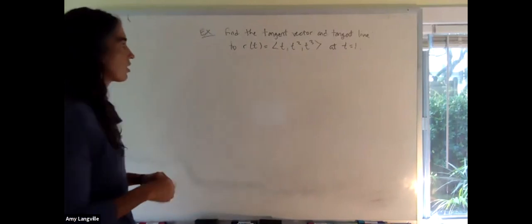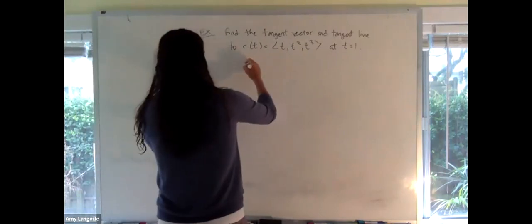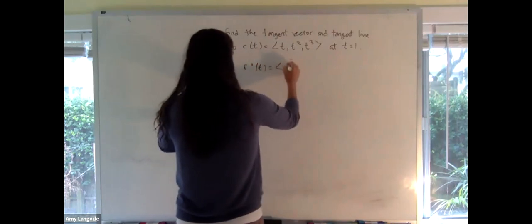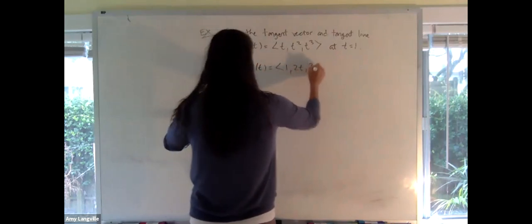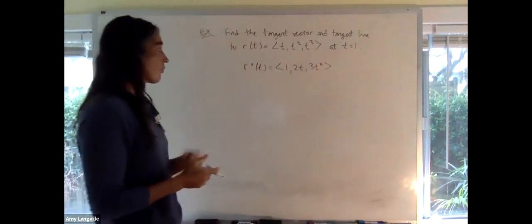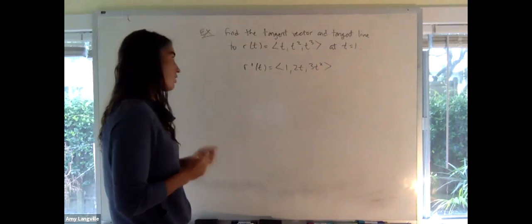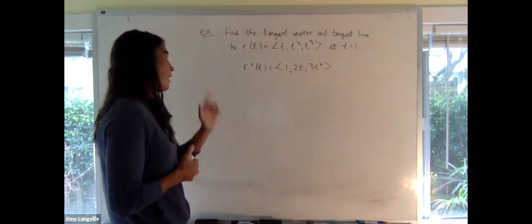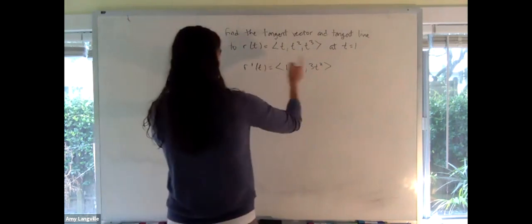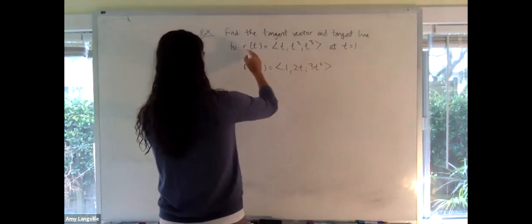So the derivative is done component-wise. So r prime of t is 1, 2t, 3t squared. All the same differentiation rules that you learned in Calc 1 help you here. This is a nice, easy polynomial one. And we want to do this at t equals 1. We're also going to need the point of tangency eventually.